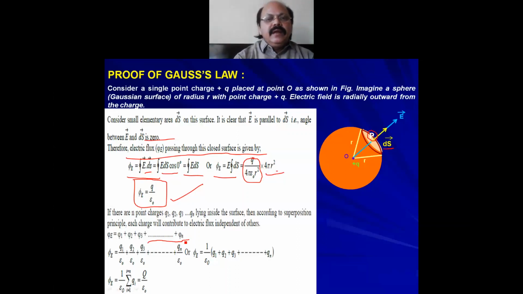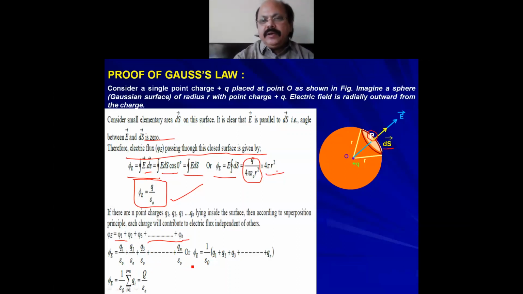Now you calculate the electric flux due to individual charges: due to q1 it is q1 upon epsilon naught, due to q2 it is q2 upon epsilon naught, and so on. Take the algebraic sum, that is phi is equal to q1 upon epsilon naught plus q2 upon epsilon naught plus q3 upon epsilon naught plus and so on qn upon epsilon naught.